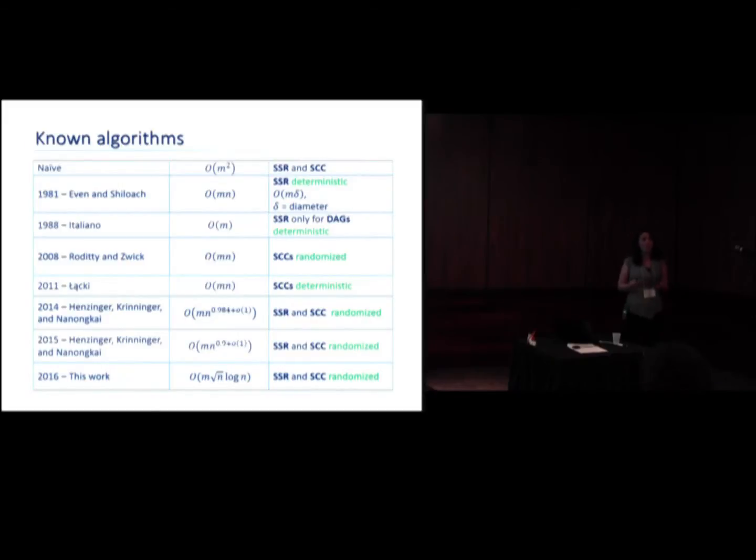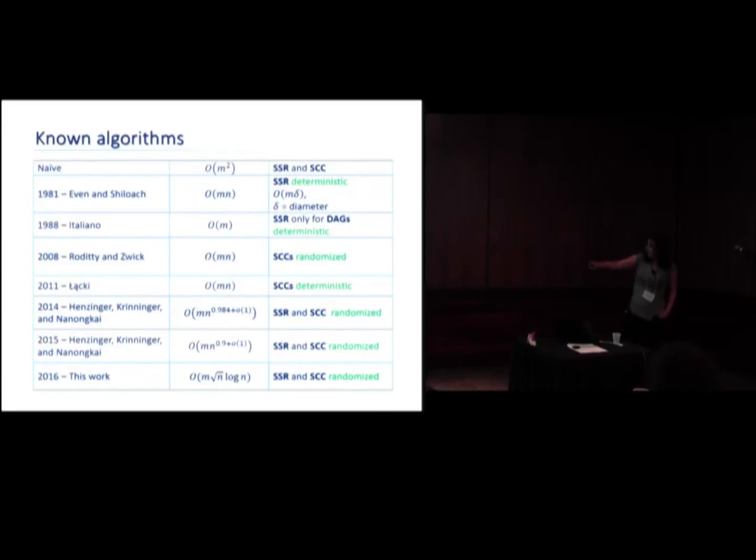But basically, for a very long time, it was not known if we can beat mn. At least for single source reachability, Even and Shiloach stood for a very long time. People started to ask, maybe mn is the right bound, maybe we can find some lower bounds, until very recently, Henzinger et al. showed that no, you can actually beat mn, and they managed to shave a log factor from the n.